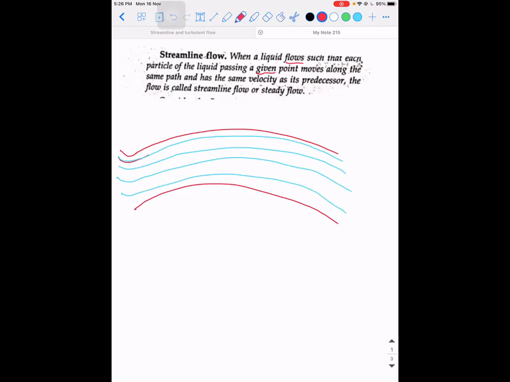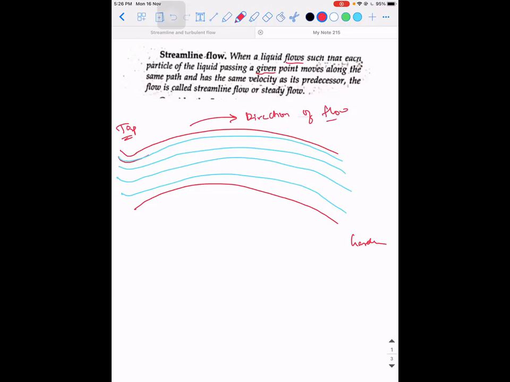Let's say your garden is on the right hand side and you have your tap on the left hand side. So water is obviously going to flow from tap to garden, from left to right. So this is the direction of flow.